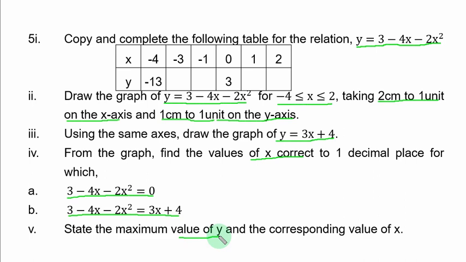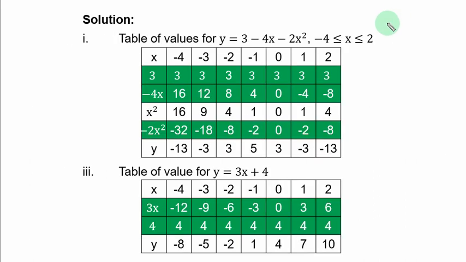So we start by completing the table of values before we do any other thing. So the next thing is to get the complete table of values for the quadratic equation and the linear equation. So table of values for y = 3 - 4s - 2s² for the range of values of s, -4 to +2.